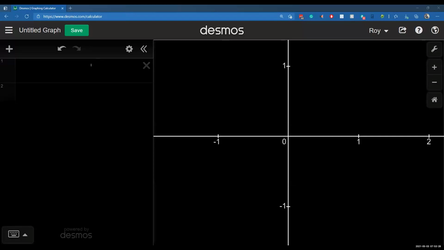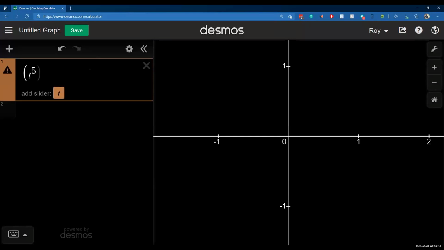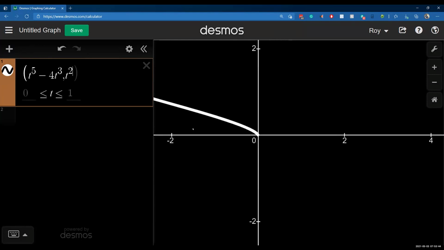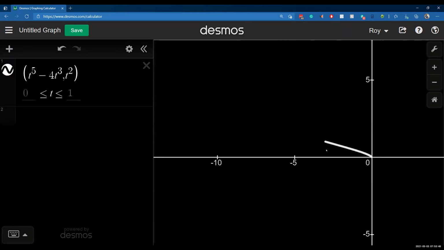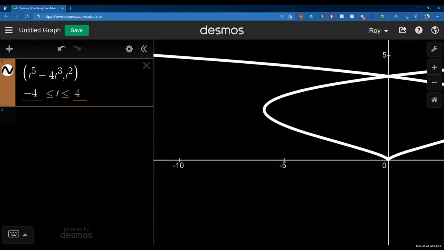And if you were to go to Desmos and just quickly graph this out, because you would not want to graph this by hand, t to the fifth minus 4t to the third, comma, t squared. Okay. I'll zoom out here. Oh, and I have to get enough time values in here. So let's go from time -4 to time +4.